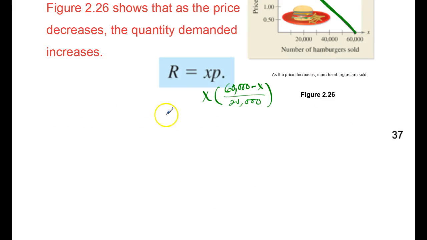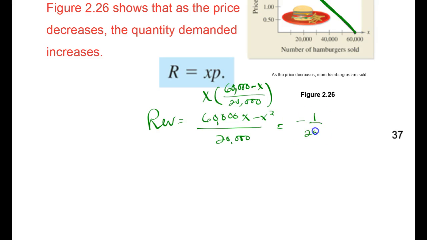So a little bit better look at the revenue would be, if I multiply that out, 60,000 X minus X squared over 20,000, which, keep in mind, is the same thing as negative 1 over 20,000 X squared plus 3X.